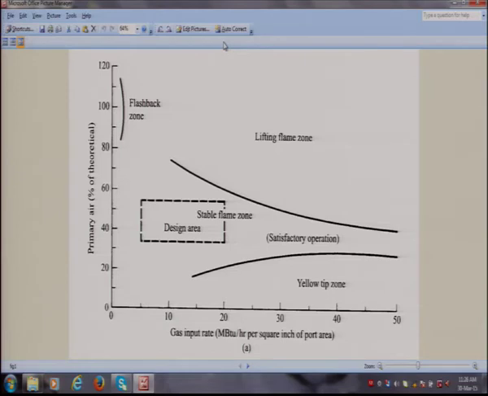Okay. So, the y-axis terminology I have not discussed so far. It means that in this burner, you are sending fuel and air, and the air that you are sending with the fuel, you are calling that primary air. Okay, that is what is usually done in combustion literature.